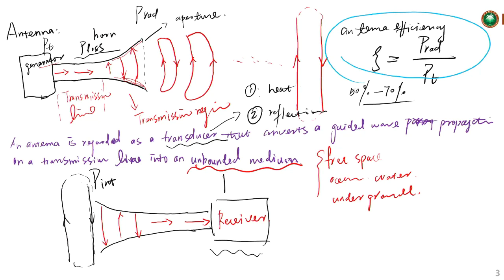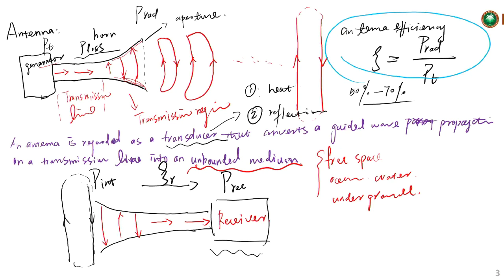But if it becomes the received power, there is also a transfer between this, determined by the efficiency of the antenna at the receiver side. We call it psi r.